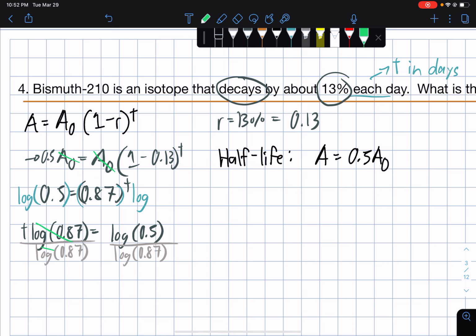Cancel both sides. And so we have log 0.5 over log 0.87, which is basically 4.977286305.